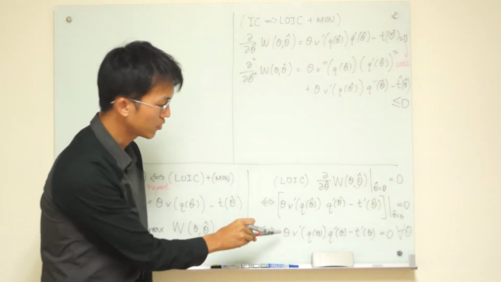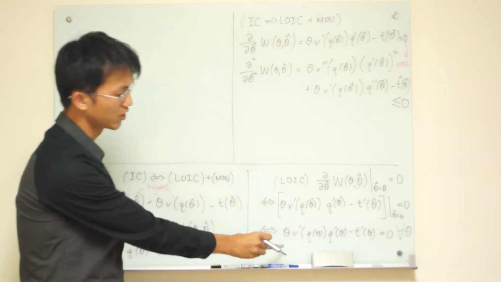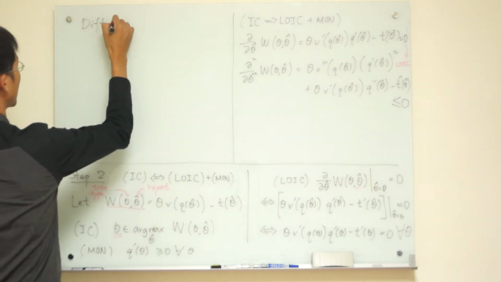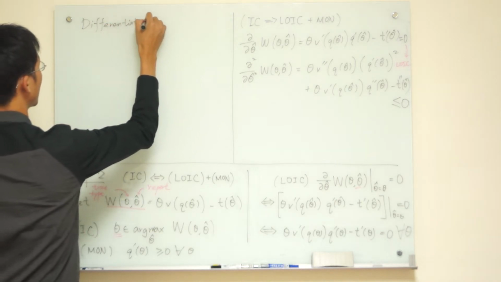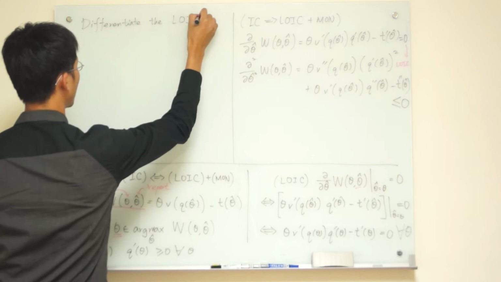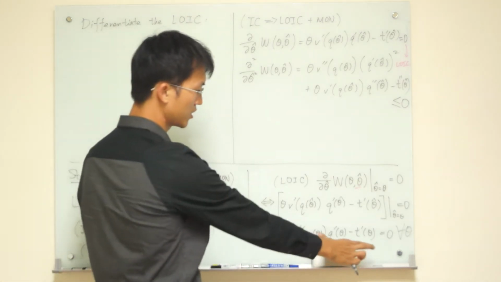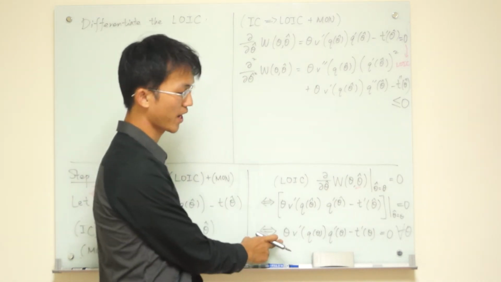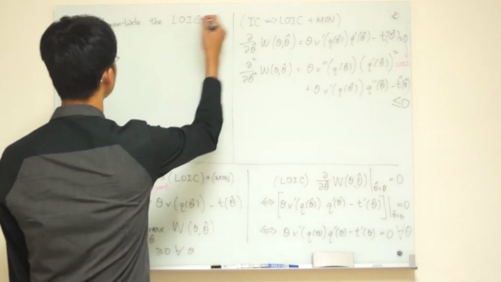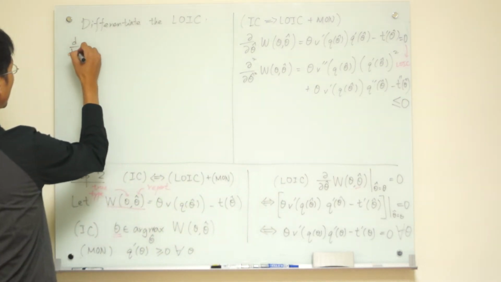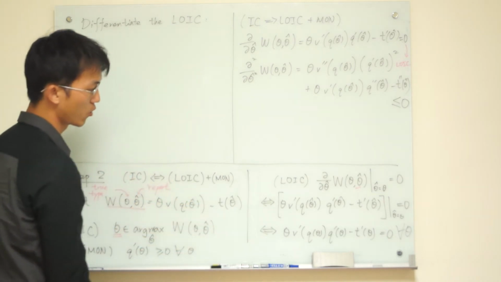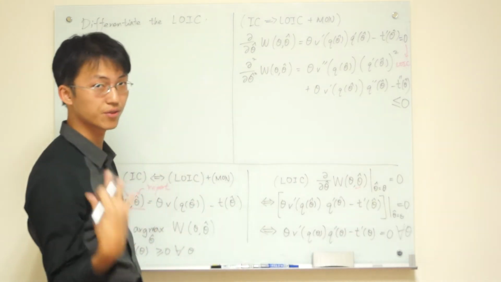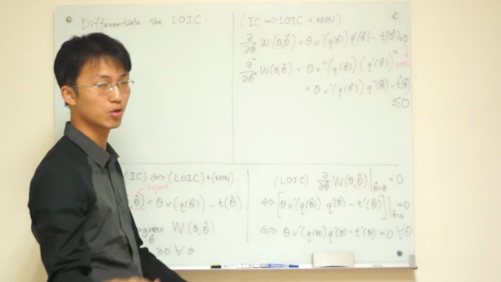Let's look at this equation. This equation is your local IC constraint. If we differentiate it again, what will happen? This says a function equals 0. We take the first order derivative with respect to theta at both sides. Let's see what we get. Here, what's different is that we have a function with 3 components of theta.